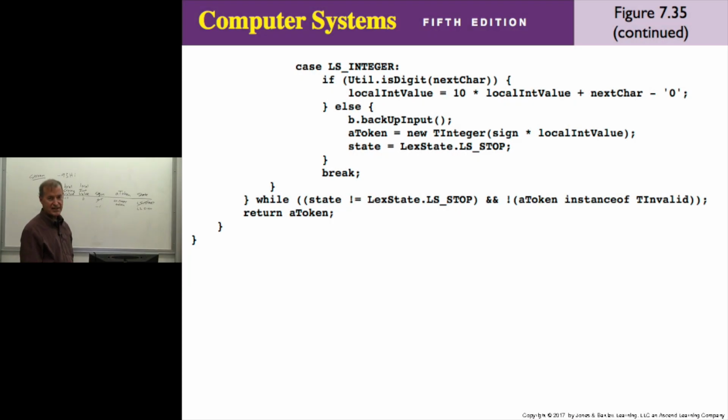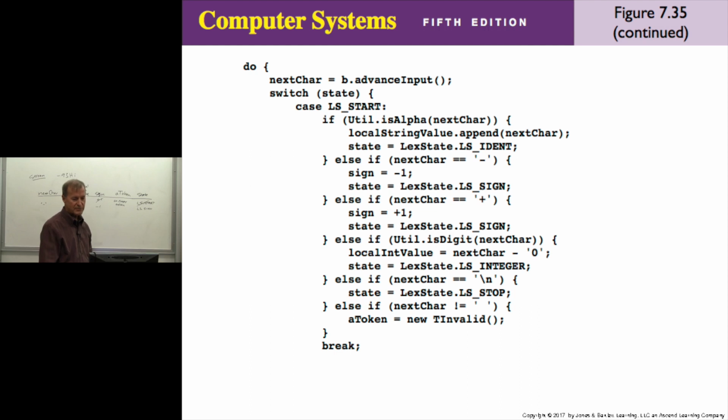So to get back to your question, this instance of is testing the dynamic type of the static type A token, because the A token could be any one of those possible dynamic types. Is everybody clear on this? Instance of. I'm glad you asked that question. Does everybody see how that worked? Okay.